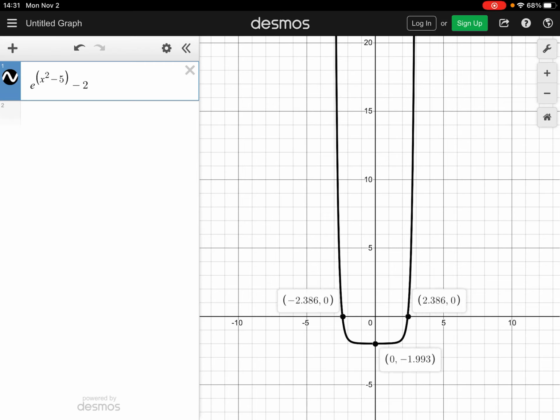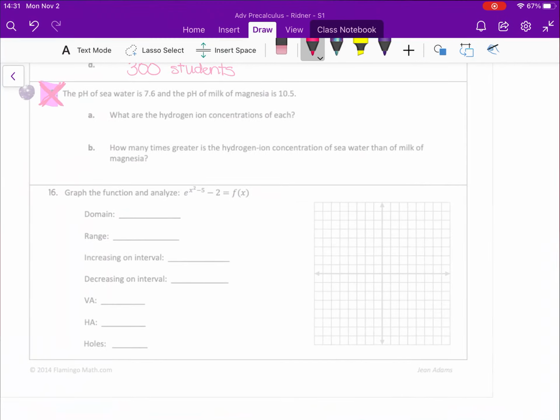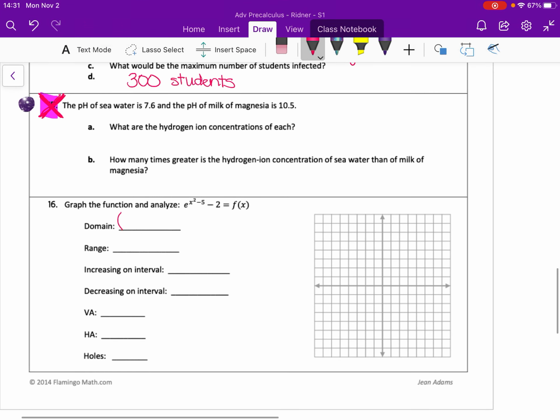All right. And then it wants to know what's the domain. The domain is anything. And then what's the range? It's this bottom to the top, and then it goes up forever.